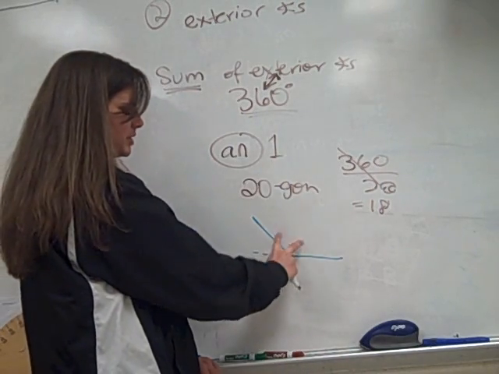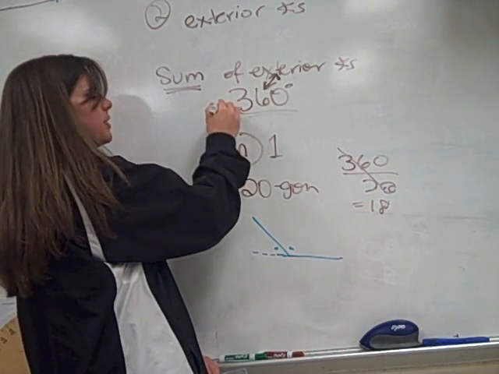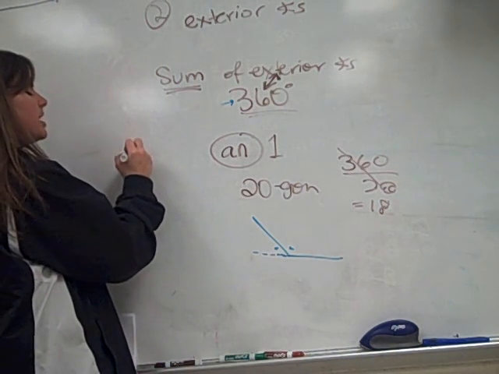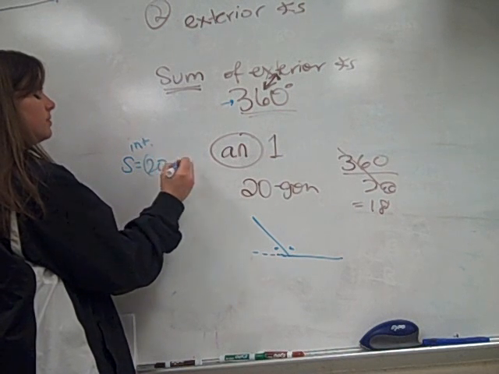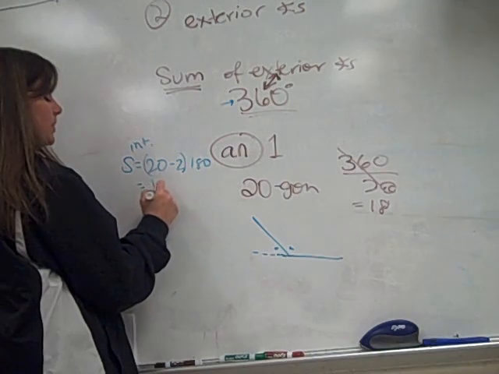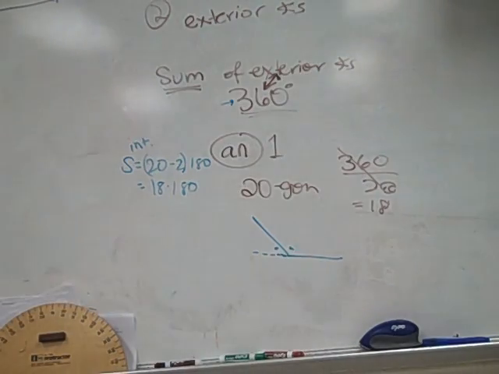Okay, so here are two angles totaling this 180 right here. So if you happen to forget this fact, and you do go with the sum of the interior angles, you could go 20 minus 2 and then times 180. That's going to be 18 times 180. Let me grab a calculator.